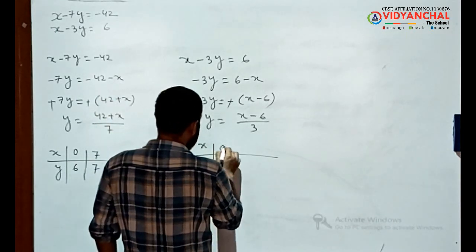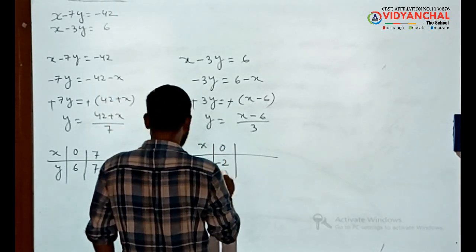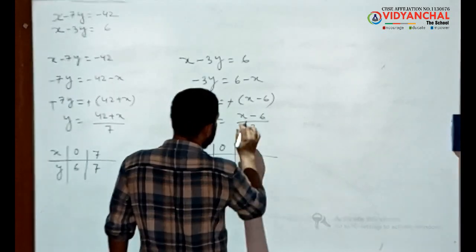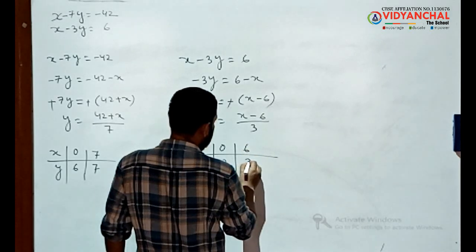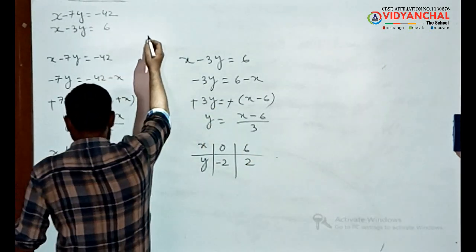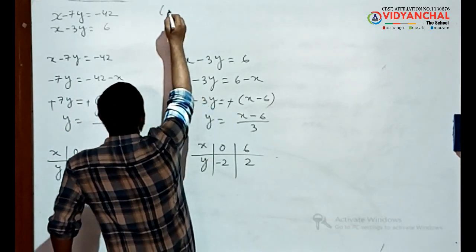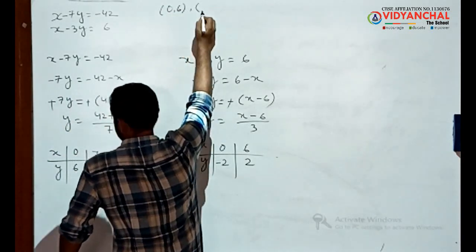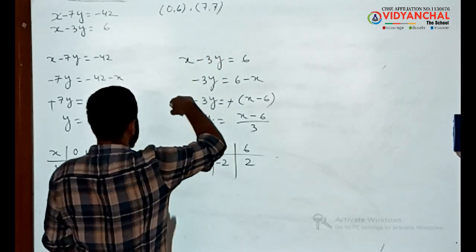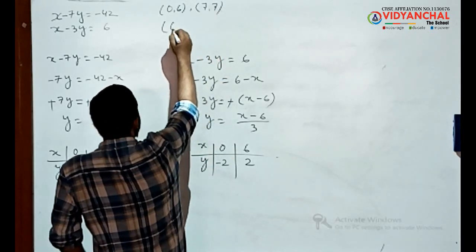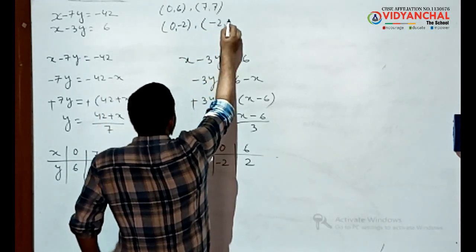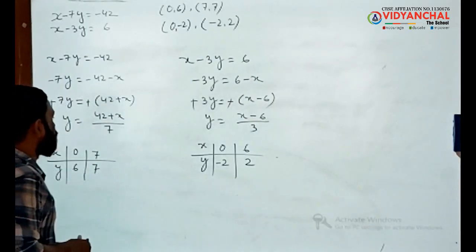If we take x equal to 0, y will get minus 2. If we take x equal to 6, y equals 6 minus 6, 0, 0 upon 3, 0. So here the coordinates for the first equation are 0, 6 and 7, 7. And for the second equation it is 0, minus 2 and minus 2, 2. Right?